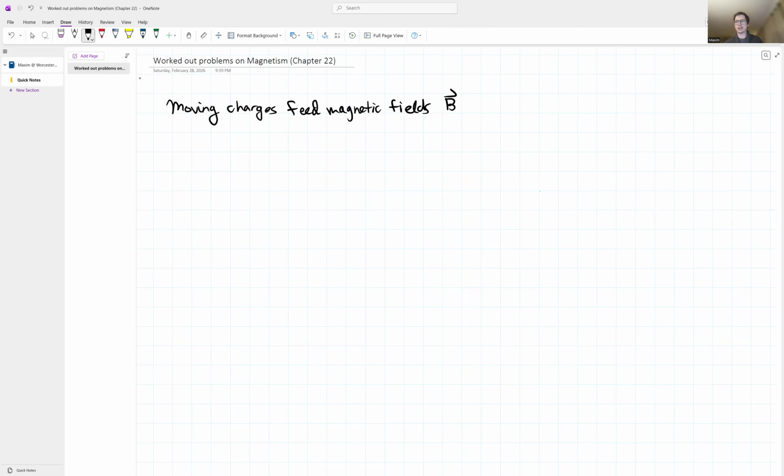This is by contrast to electric fields, which are with an E. And then the other concept is that moving charges create their own fields. So we also have that.